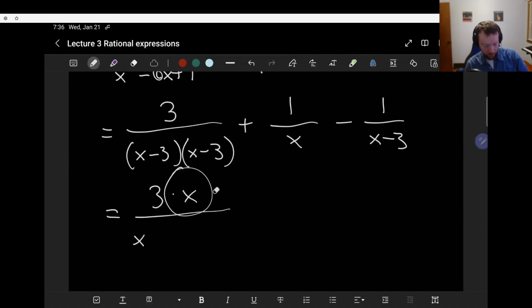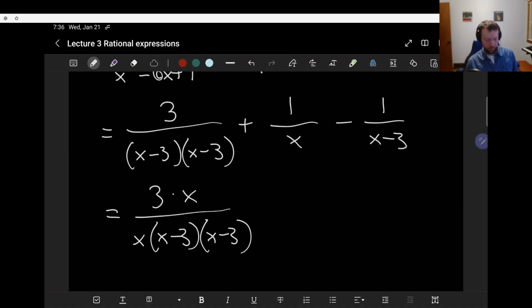So I include it up here because you have to keep things equal. But the most important thing, or the reason that I did this, was to have the x down below. And I can even turn this into an x minus 3 squared, just to keep it a little simpler.